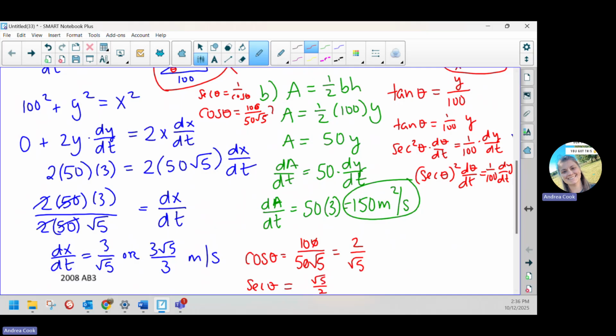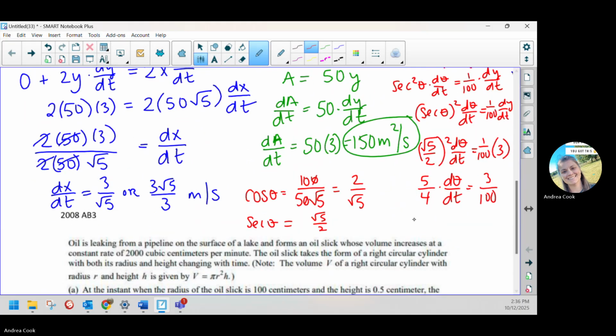So when I come over here, I'm going to put in root 5 over 2 squared times d theta over dt equals 1 over 100 times 3, since dy over dt was 3. So when I square that, I get 5/4 times d theta over dt equals 3 over 100. So d theta over dt is equal to, we multiply by 4/5.